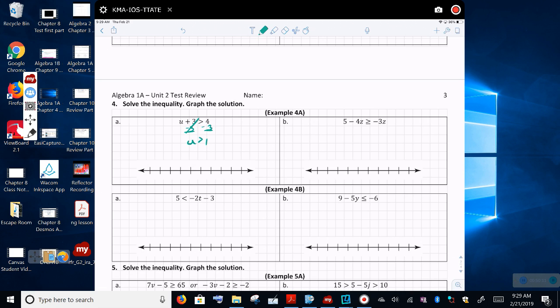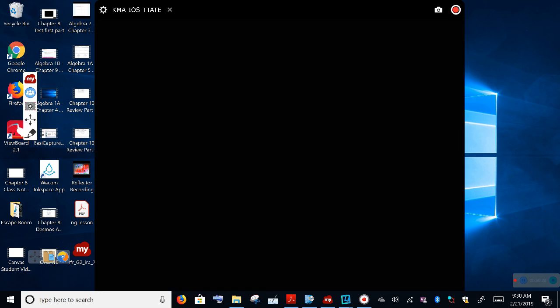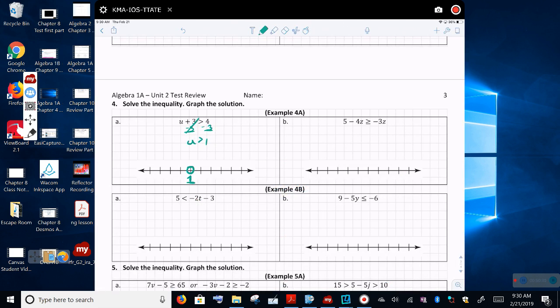Even though there's a bunch of tick marks on here, if you really want to, you can fill it in, but I would put 1 somewhere in the middle. Put a circle there. Close it. I'm sorry, do not close it. And shade to the left, or do we shade to the right? To the right.